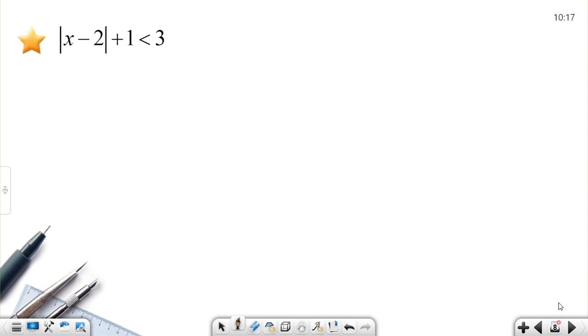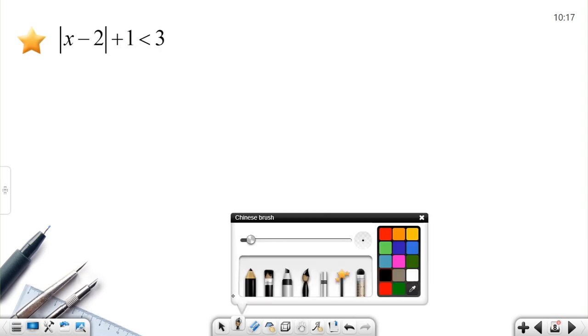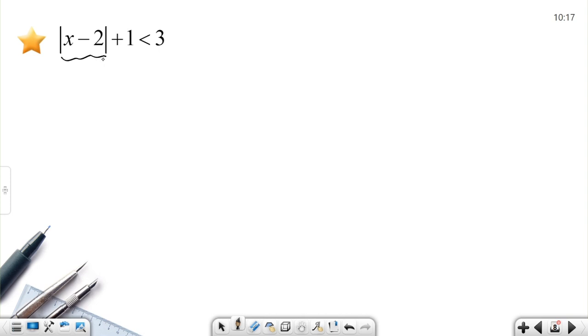Let's solve one example. Here we have an absolute value, and I can't work with it directly because there is a plus 1. So let's get rid of this plus 1. When I subtract from both sides of the inequality, the sign will not change. What I have here is the absolute value of x minus 2 is less than 3.